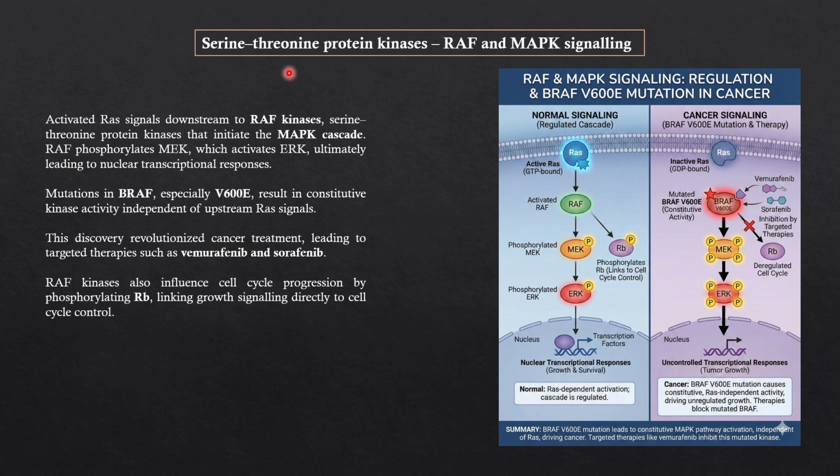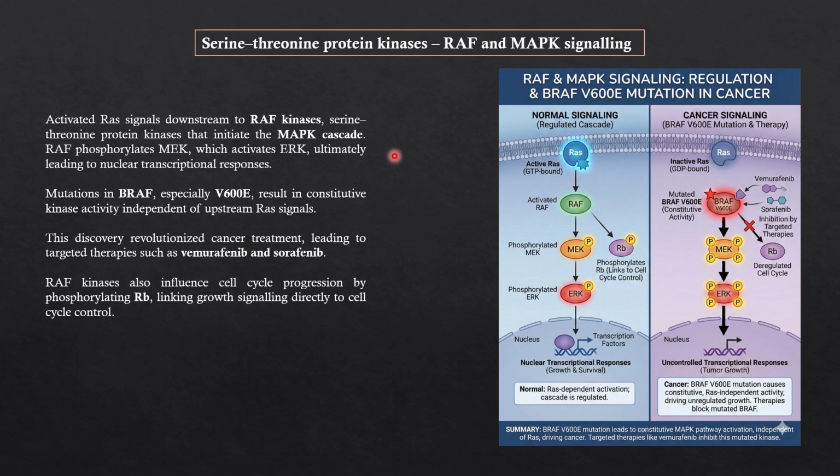Now come the serine threonine protein kinases, RAF and MAP kinase signaling. In normal cells, RAS-dependent activation and the cascade are regulated, whereas in cancer cells, the BRAF V600 mutation causes constitutive RAS-independent activity, which drives unregulated growth.